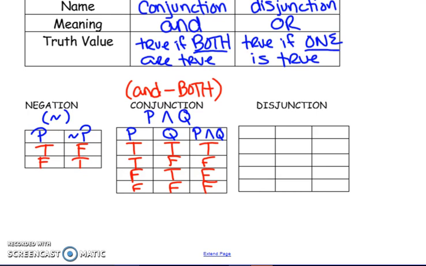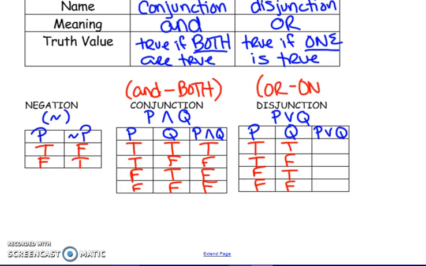When we talk about a disjunction, this is our or statement. So, again, we're going to start with our variables, P and Q, and then our last column is our problem, so P or Q. Again, we need to list all of our options. So now, this is our or, and this one we only need one truth value to be true.